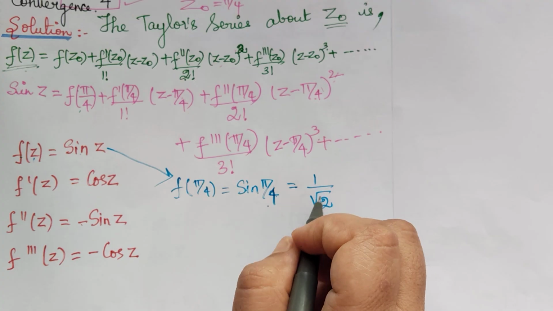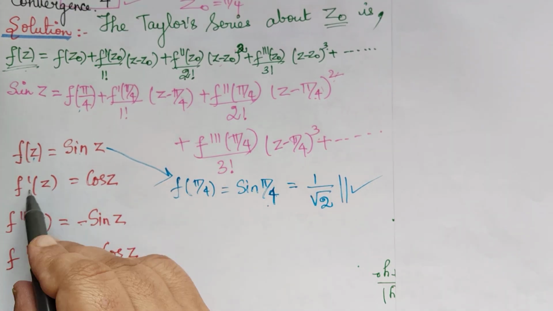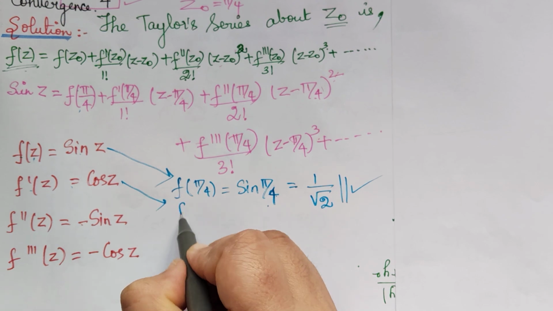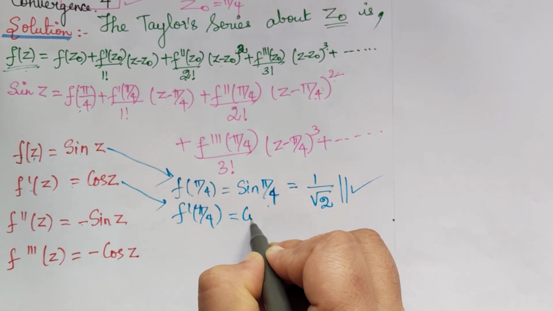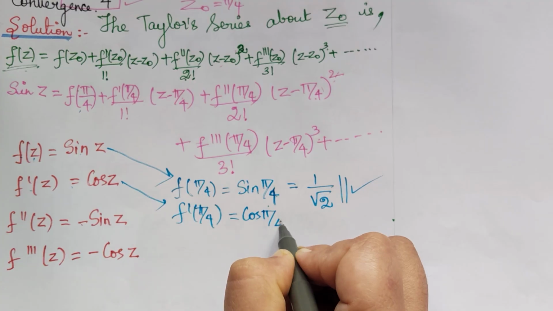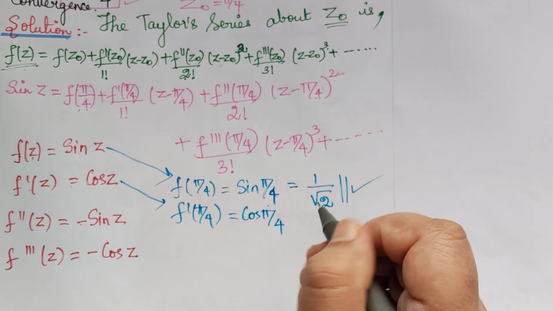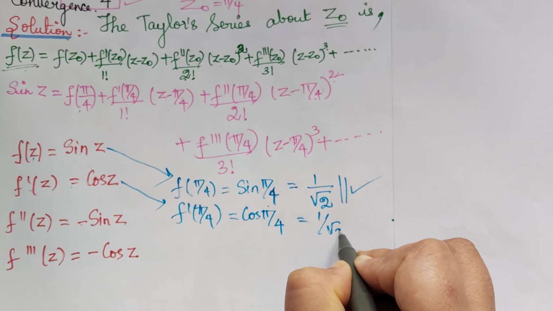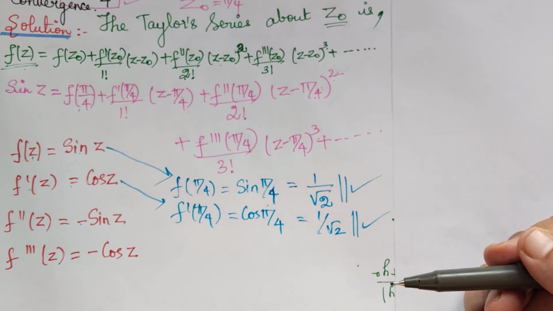Now from this we can write f dash of pi by 4 is equal to cos pi by 4. So what is cos pi by 4? It is also equal to 1 by square root of 2. It is the same for both sine as well as cos.